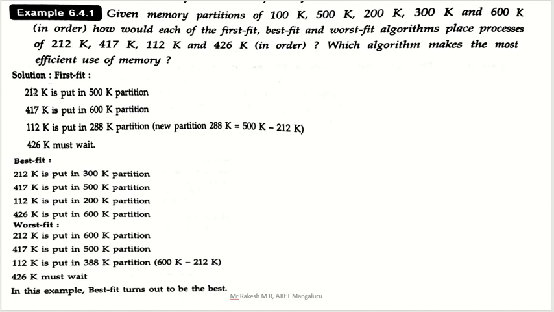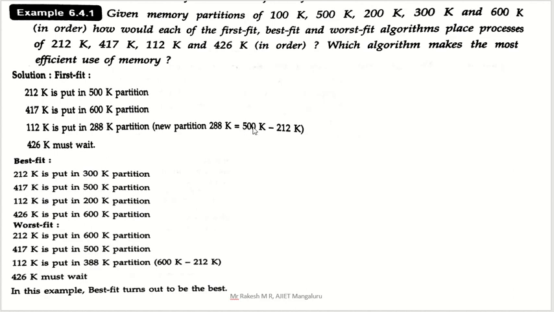It is put in the 500K frame, and 417 is put in the 600K frame. 112, the third one, is put in the 288 frame.